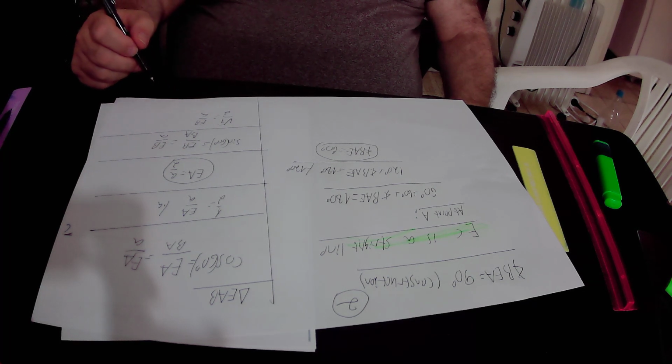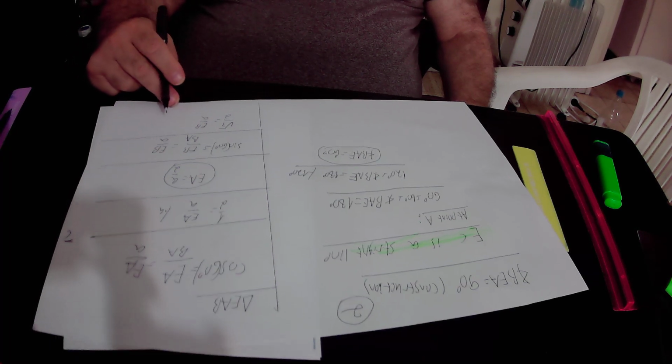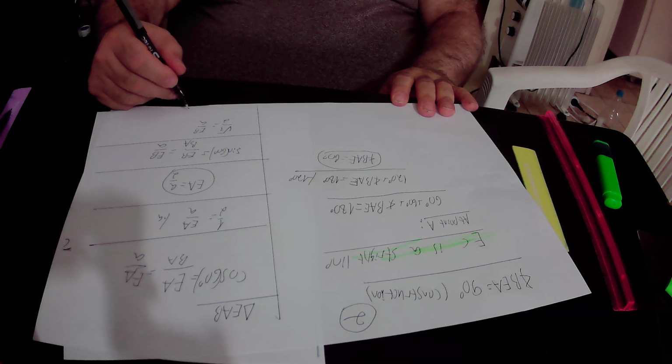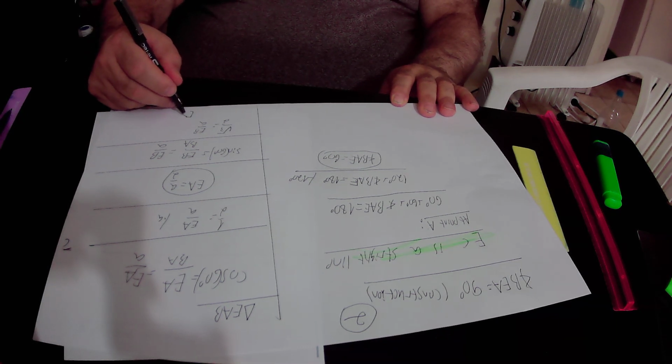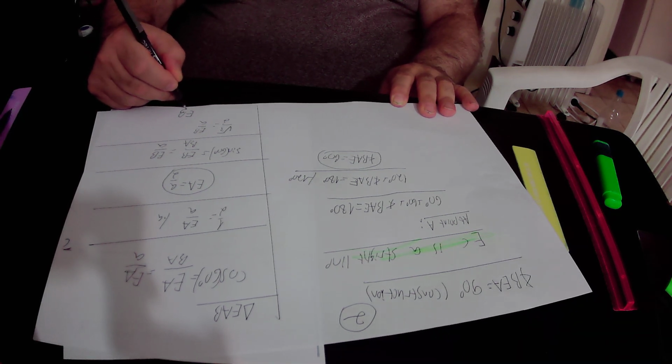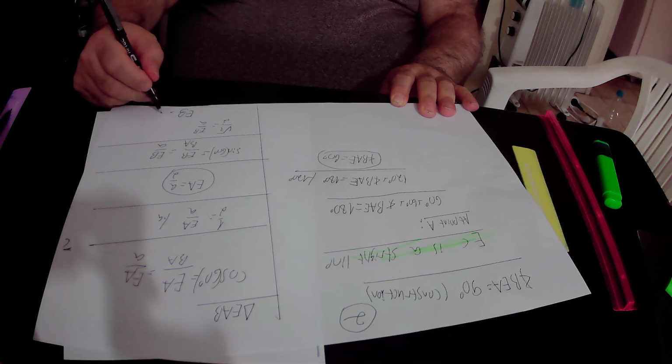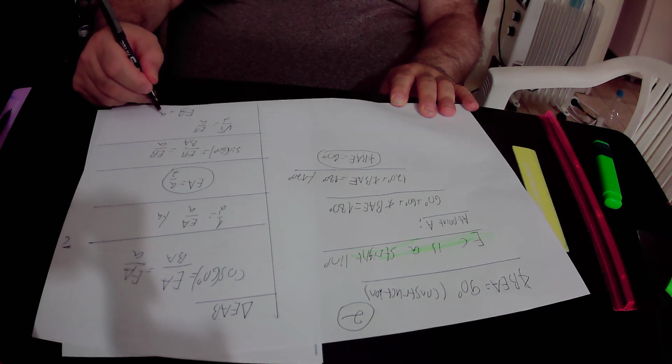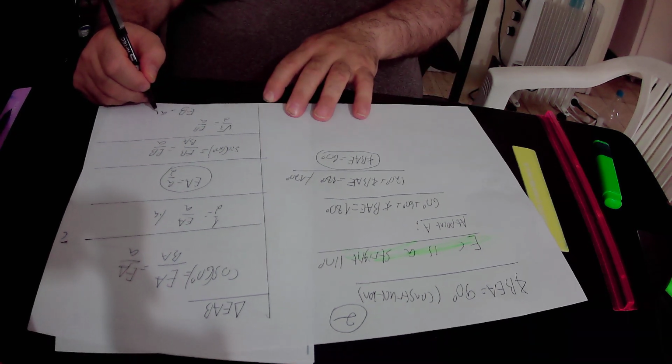Here we will multiply this equation by A, and we'll get that in conclusion EB equals A times square root of 3 over 2.